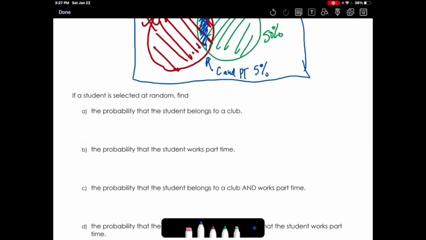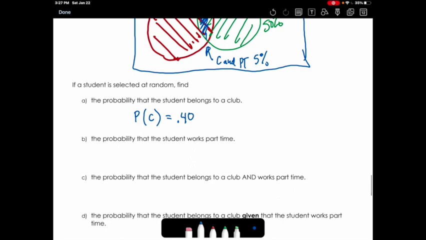Now, let's use this to answer some of these questions. Part A says, find the probability that a student belongs to a club. The notation for that is P of C, and that was given in the problem. That was 40%. What is the probability that a student works part-time? We were given that information too.